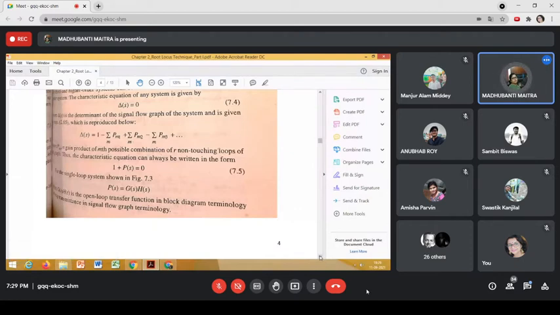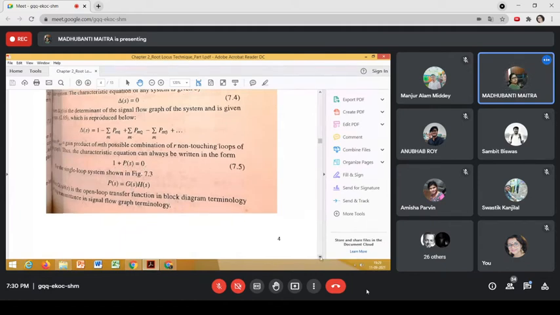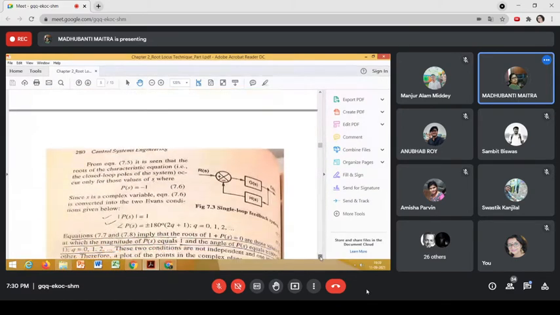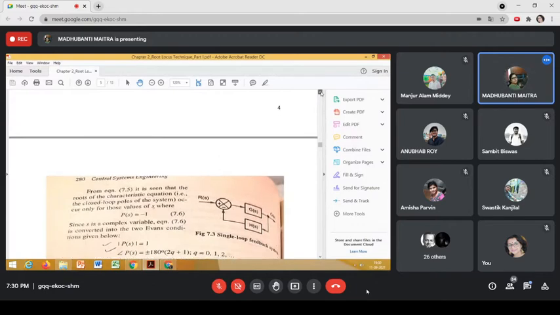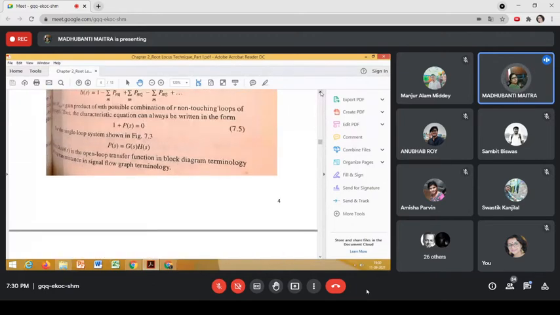The characteristic equation for a single loop system is 1 plus GsHs equal to 0. For the time being, we are considering this to be the characteristic equation, and Ps is GsHs for a single loop system. Have you written down this equation? 1 plus Ps is equal to 0.